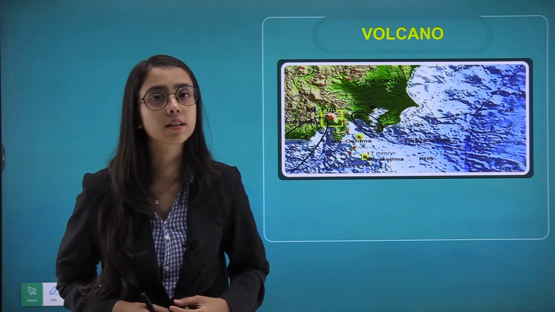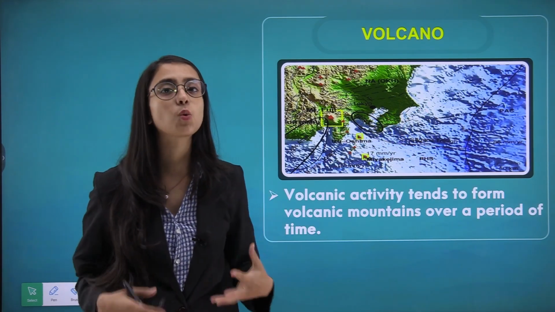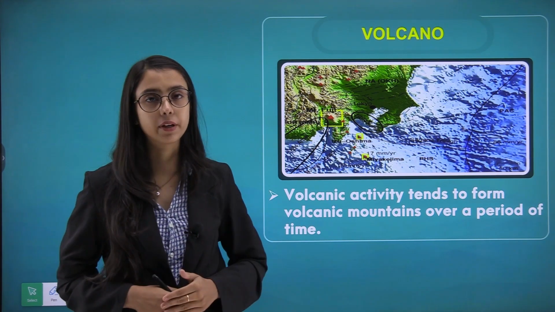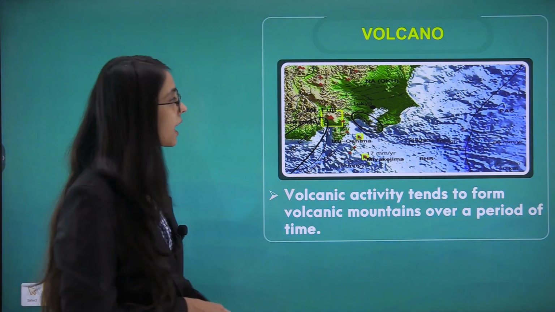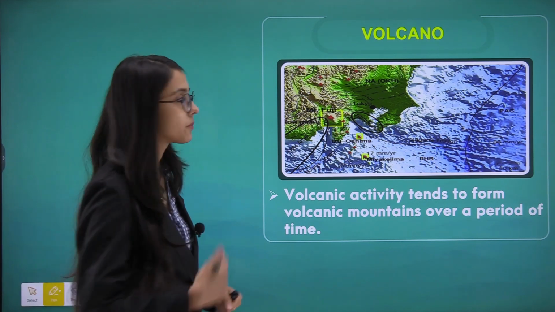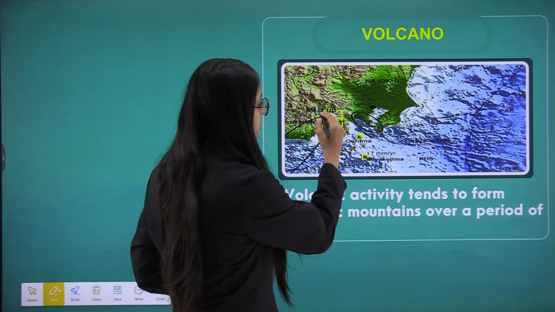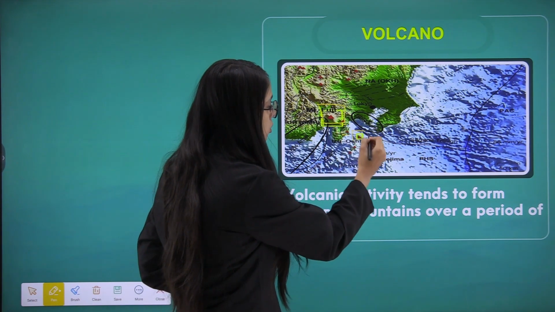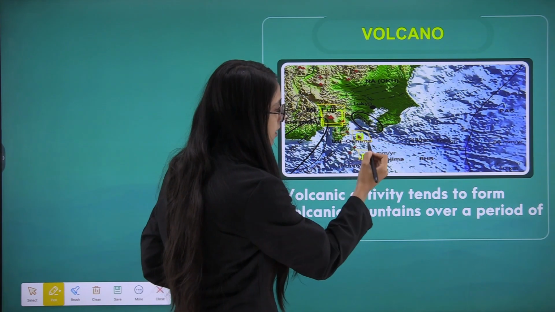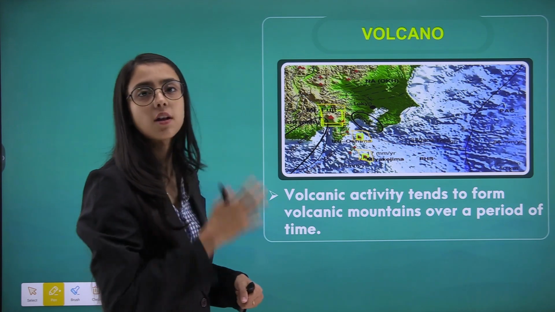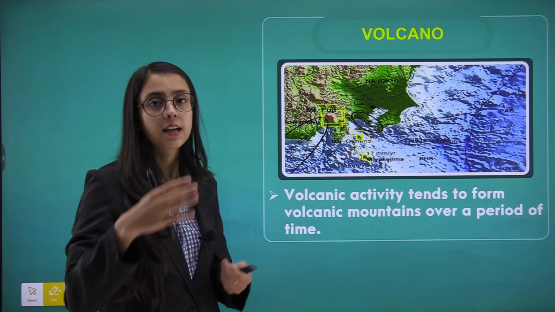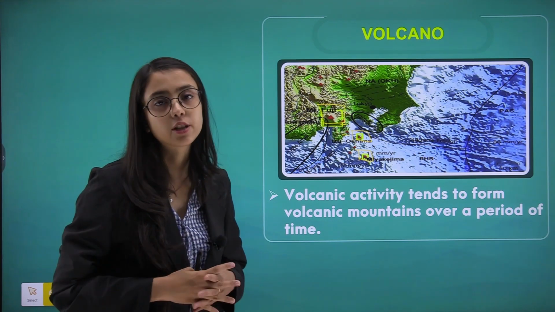Now, these volcanic activities tend to form volcanic mountains over a period of time. How so? As you observe in this map, there are a few volcanoes here, such as the volcanoes in Fuji, Oshama, etc. When the magma comes onto the surface of the earth, it solidifies over a period of time.